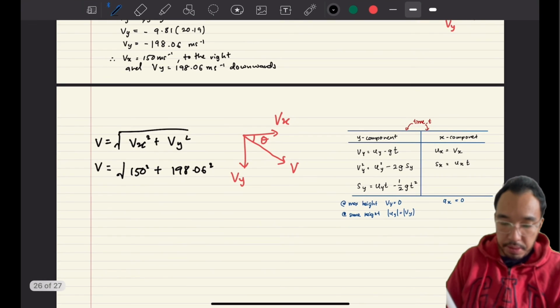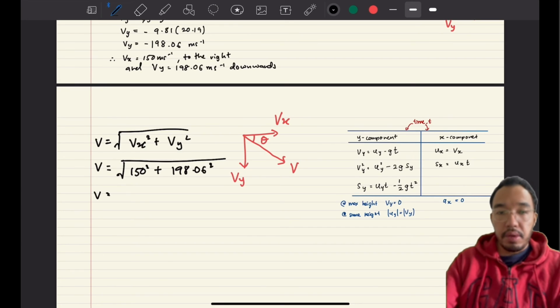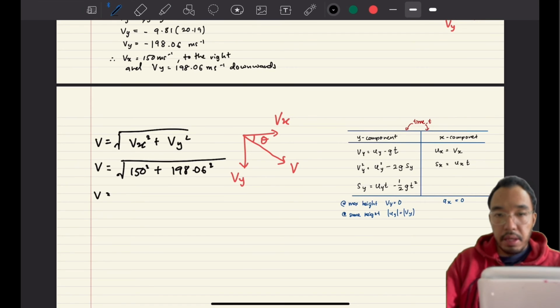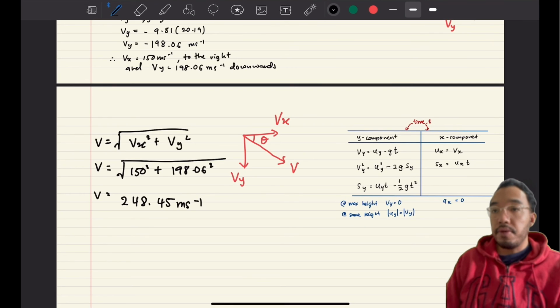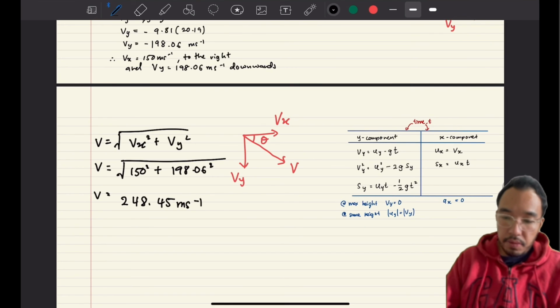Just put the magnitude because that one is squared, so it doesn't really matter. Plus 198.06 squared. Take the square root, I got here 248.45 meters per second. So if you leave your answer like this, it wouldn't be enough.